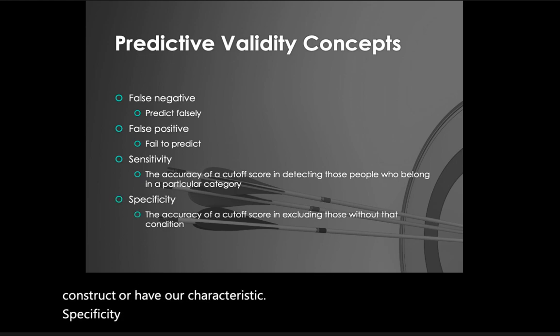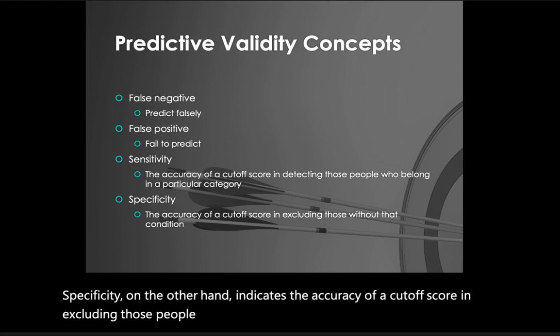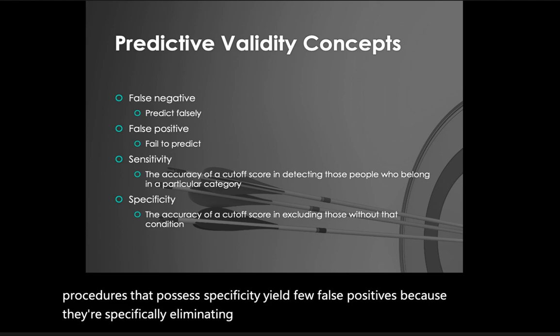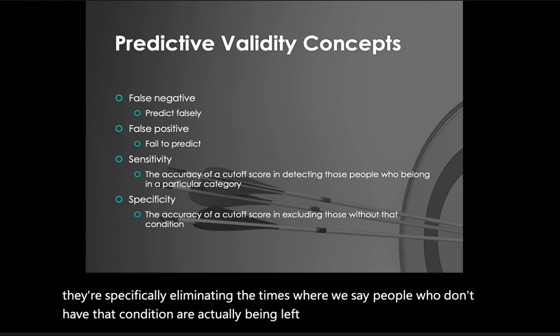Specificity, on the other hand, indicates the accuracy of a cutoff score in excluding those people who don't have that condition. So testing procedures that possess specificity yield few false positives because they're specifically eliminating the times where people who don't have that condition are actually being left out.